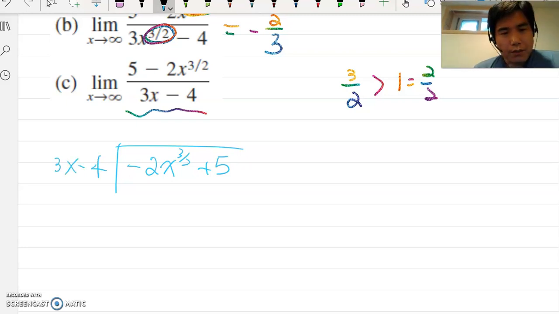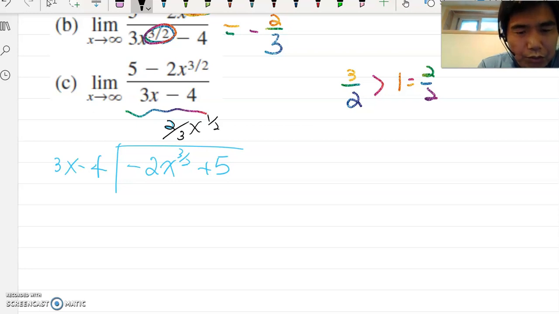Okay, so first of all, we want to make negative 2 over 3 first, and then we need 1 over 2 more, so x to the 1 over 2 power.